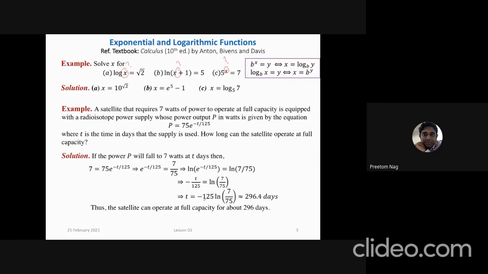If we keep it as an integer value, how long can the satellite operate at full capacity? That means the satellite can operate at full capacity for about 296 days, less than 1 year. Okay.